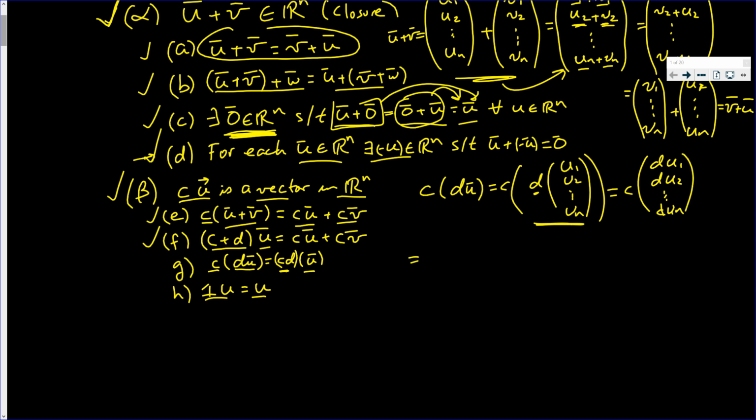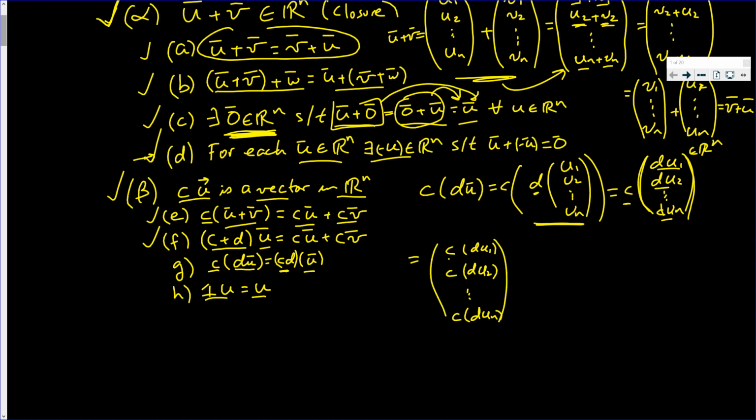Okay. Now, D times U1 is just a real number. D times U2 is a real number. D times UN is a real number. In fact, what's in this bracket is a vector in Rn. And I want C times it. Okay, so I get C times the first entry, C times the second entry, all the way down to C times the nth entry.